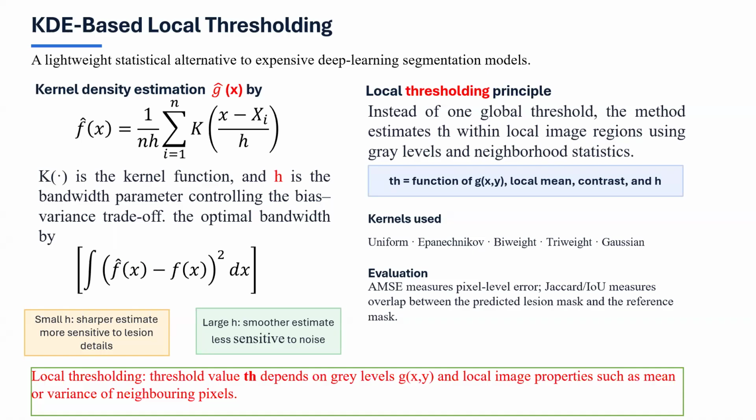The locally adapting threshold incorporates gradient and sub-image area, and bandwidth coefficients balance the bias-variance trade-off in kernel estimation.